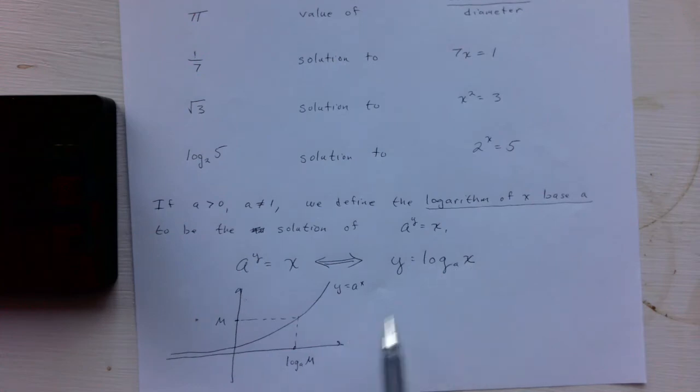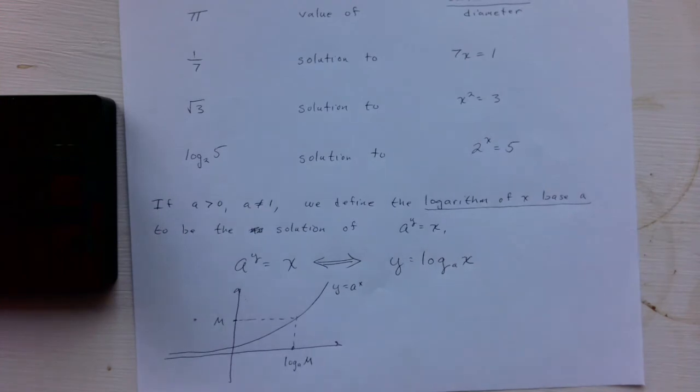Another way you can look at this is if you have something in exponential form, where y is the exponent, we say y is the number that if you raise a to y, you get x. So these are equivalent. And in general, if you take any positive number m, there will be a point on the graph of y equals a to the x where the y-coordinate is m, and the x-coordinate is going to be this number log base a of m.